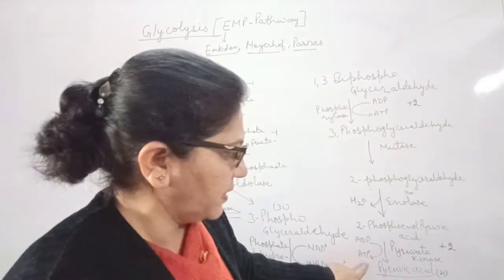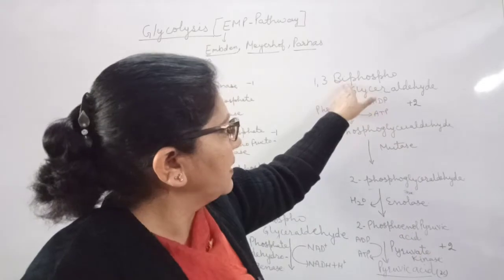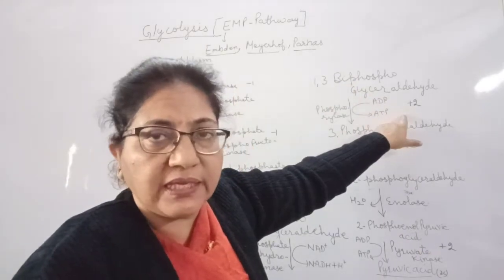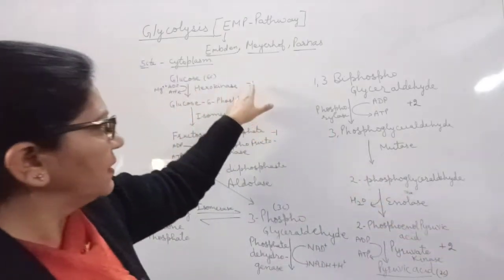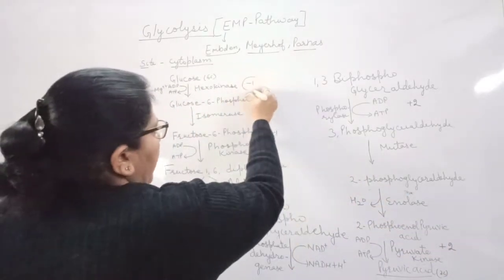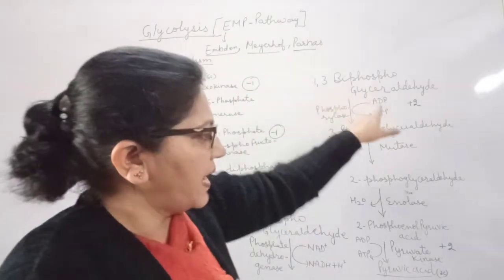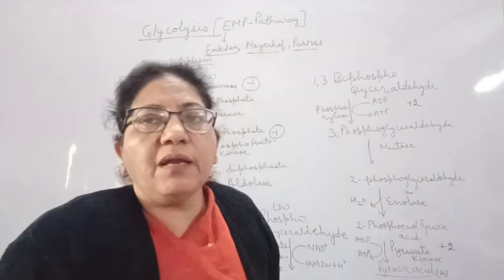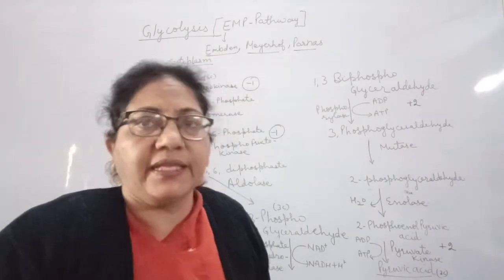ADP is converted into ATP. Here the phosphate has been utilized. 4 ATPs are there, but we have consumed 2 ATPs, that is the -1 and -1. So 4 minus 2, ultimately the gain of ATP is only 2 ATPs directly.